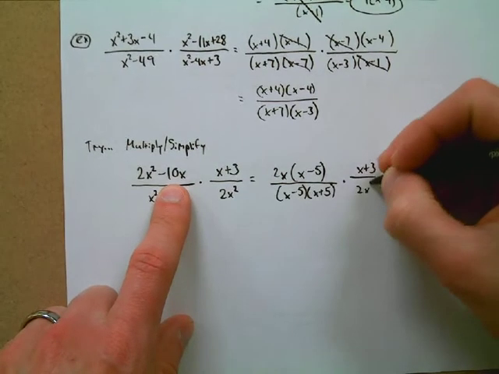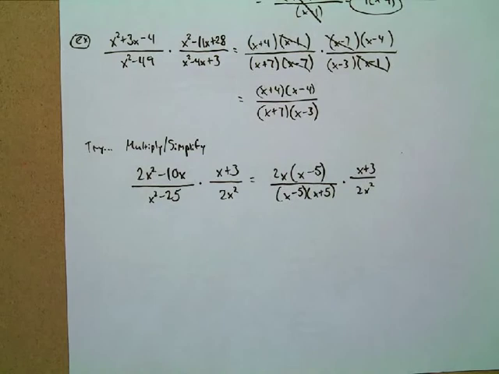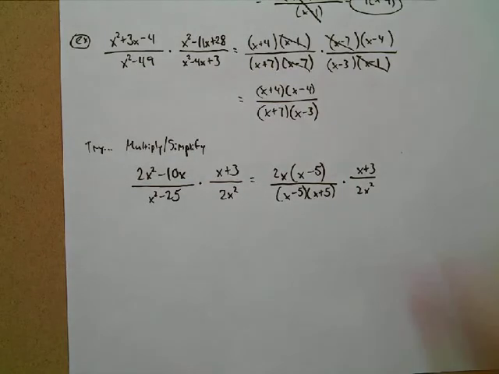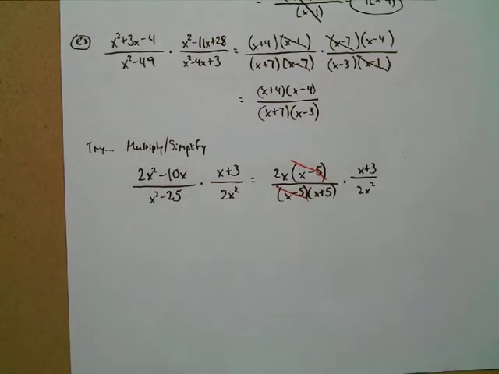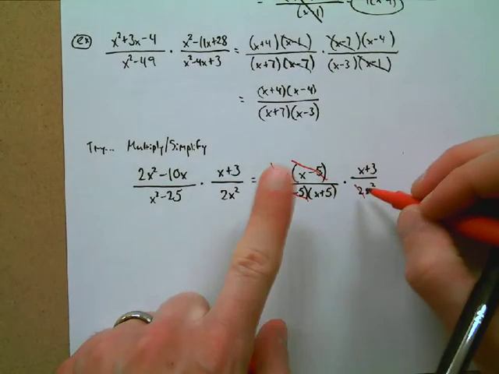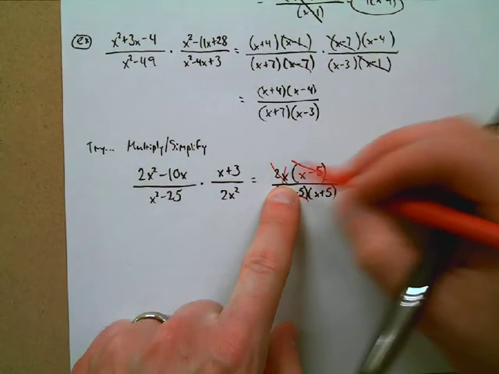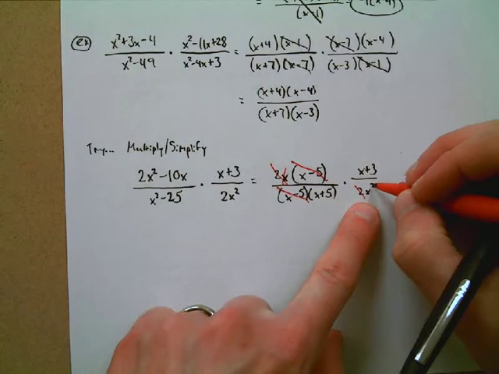Cheyenne, now that we've got that all factored, do you see anything that cancels before we multiply here? The x minus 5s will cancel. Very good. Does anything else cancel? Yeah, this 2 will cancel with the 2 here, and this x will cancel with the x squared. So the x here will completely cancel. This x squared will now just be x to the 1.